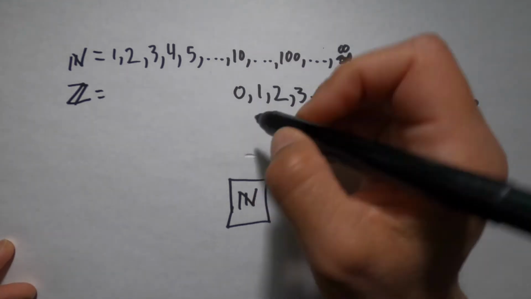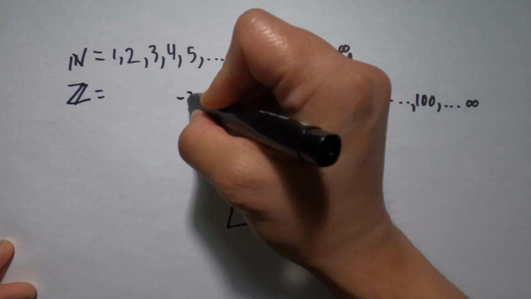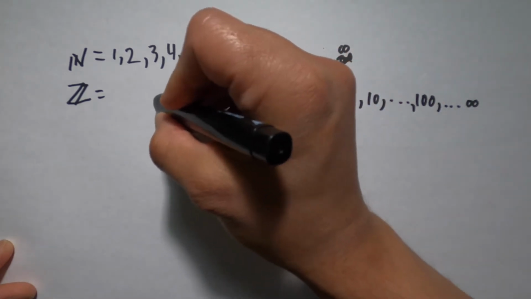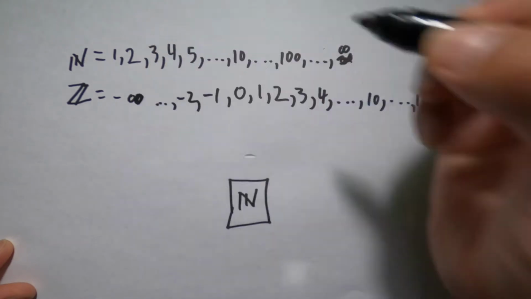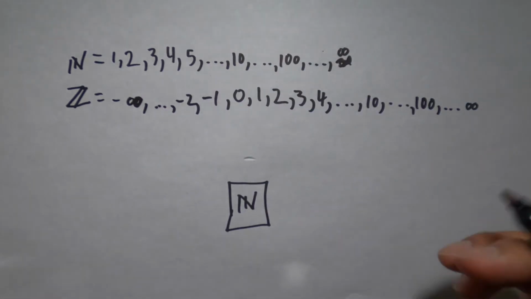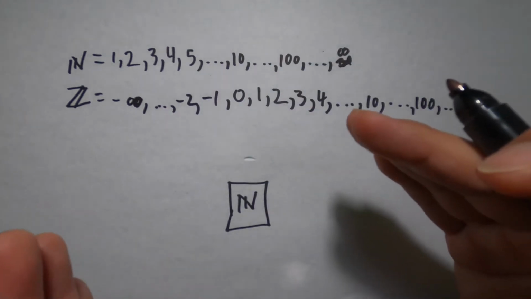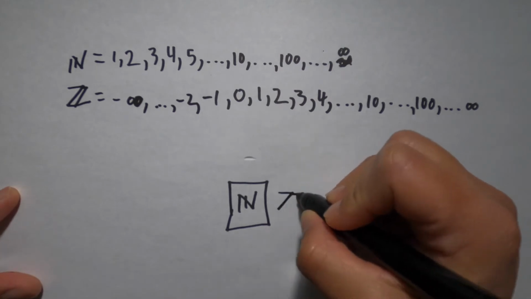Then on the other end of this, we had our negative numbers, -1, -2, and all the way to negative infinity. And to represent this, we also put this in another box where all of our integers were.